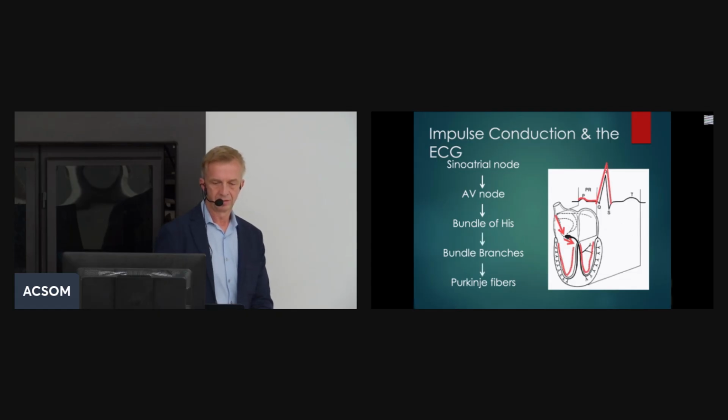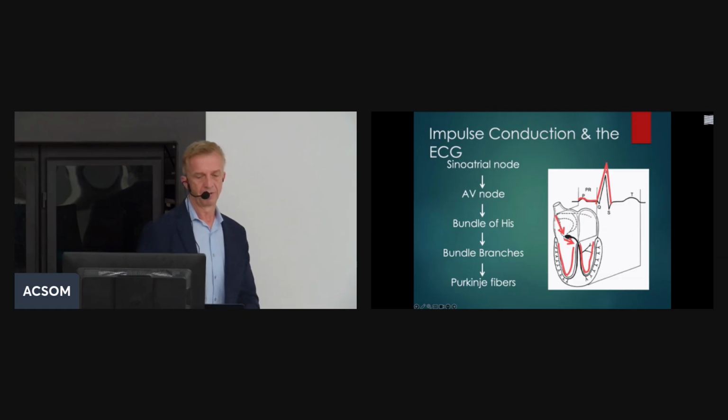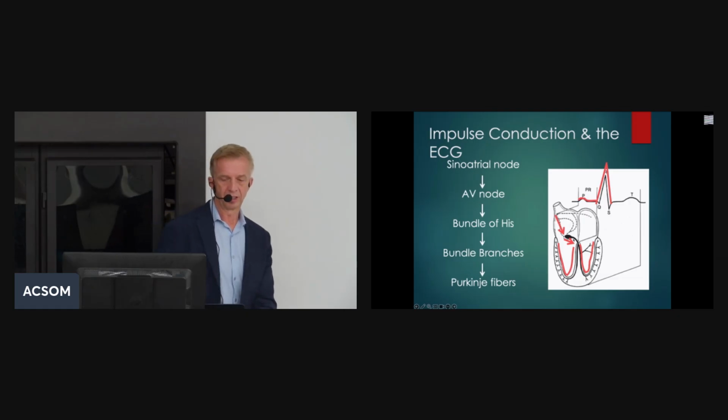The next step in the conduction is spread of the electrical impulse through the ventricles by using the branches, right? The bundle of His and right and left bundle branch. And it's reflected on the electrocardiogram by the QRS complex. So the Q wave is the initial negative deflection.